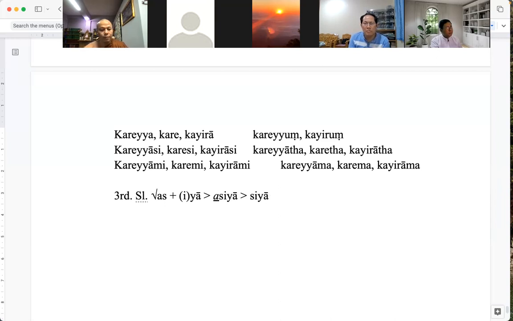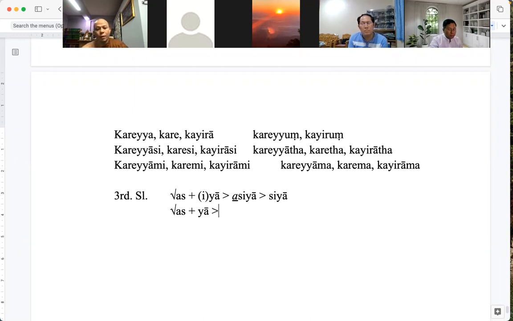And then another form, which is without the insertion i, only ya.